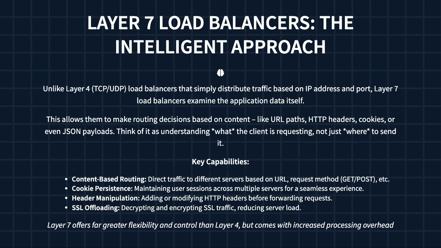This means they can route requests to different servers depending on things like the URL being accessed or even the type of data being requested. They can also maintain user sessions using cookies and manipulate HTTP headers. Because of this advanced analysis, Layer 7 load balancers give you a lot more control and flexibility over how traffic flows through your infrastructure, but it does require a bit more processing power.